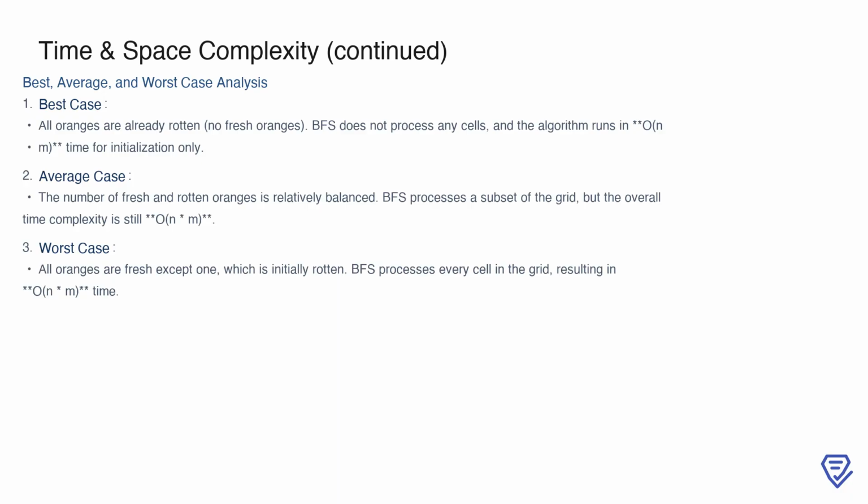In the average case, where the number of fresh and rotten oranges is relatively balanced, BFS processes only a subset of the grid, but the overall time complexity remains O(n*m). In the worst case, nearly all oranges are fresh except for one that is initially rotten. BFS then traverses every cell in the grid, leading to O(n*m) time complexity. In all cases, the time complexity remains linear with respect to the size of the grid.